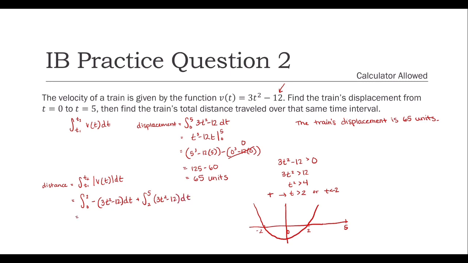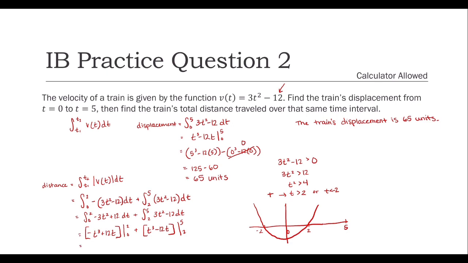So this equals the integral from 0 to 2 of negative 3t squared plus 12 dt plus the integral from 2 to 5 of 3t squared minus 12 dt. So we have negative t cubed plus 12t evaluated from 0 to 2 plus t cubed minus 12t evaluated from 2 to 5.